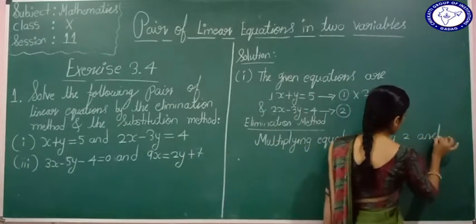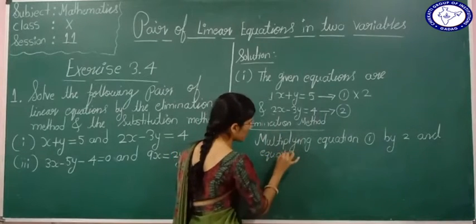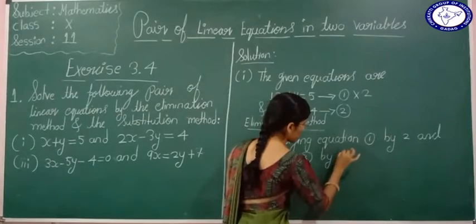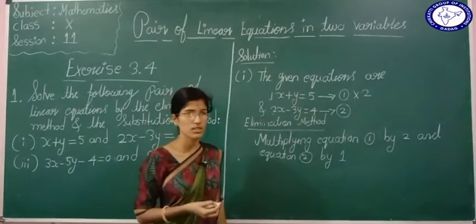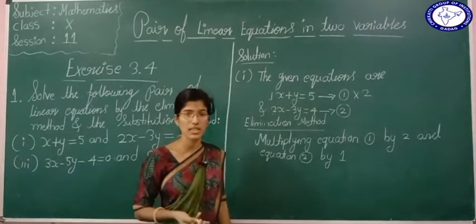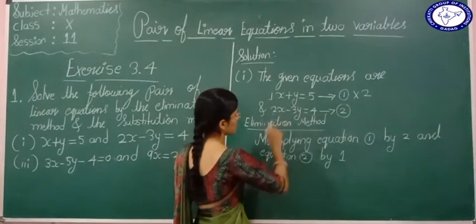And equation 2 by 1. It is up to you whether you want to eliminate x or y, but here I am eliminating x. Now see here, multiply equation 1 by 2.